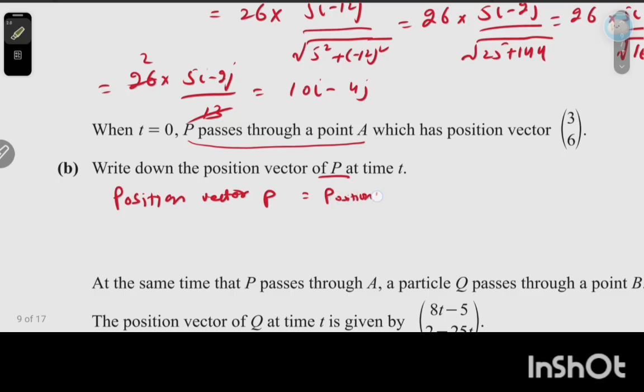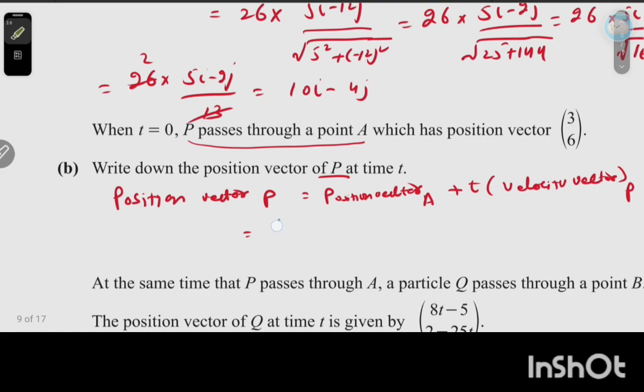So it's the position vector of A, plus time multiplied by the velocity vector of P. Now, what is the position vector of A?